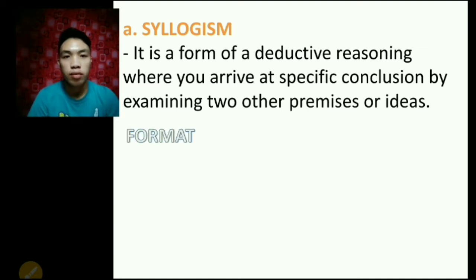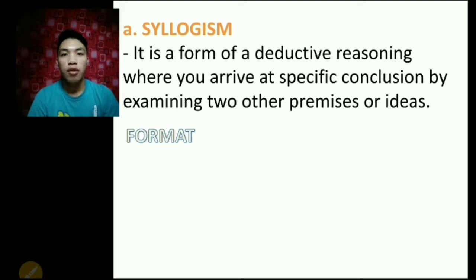Okay. Now, when I was reading this topic, I realized that there's a format that's being followed in constructing a deductive reasoning.